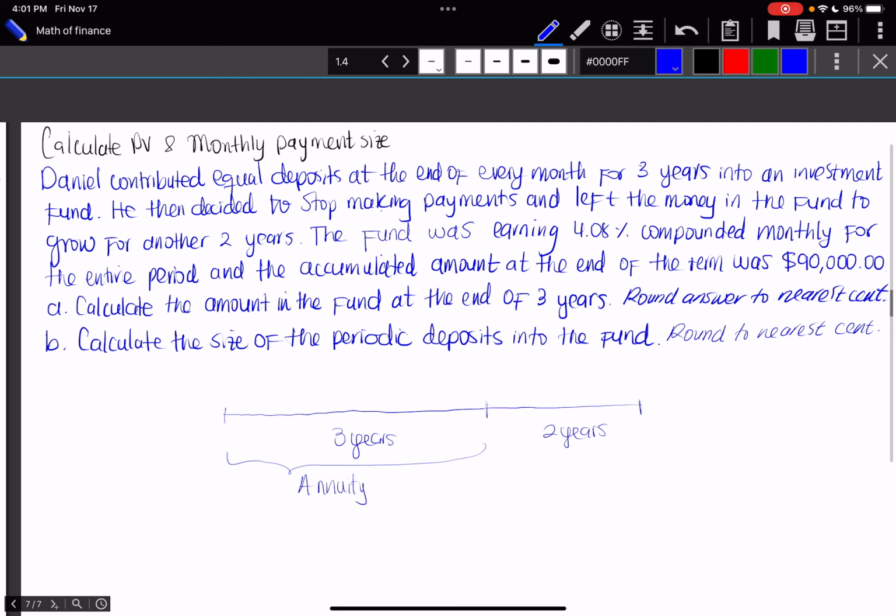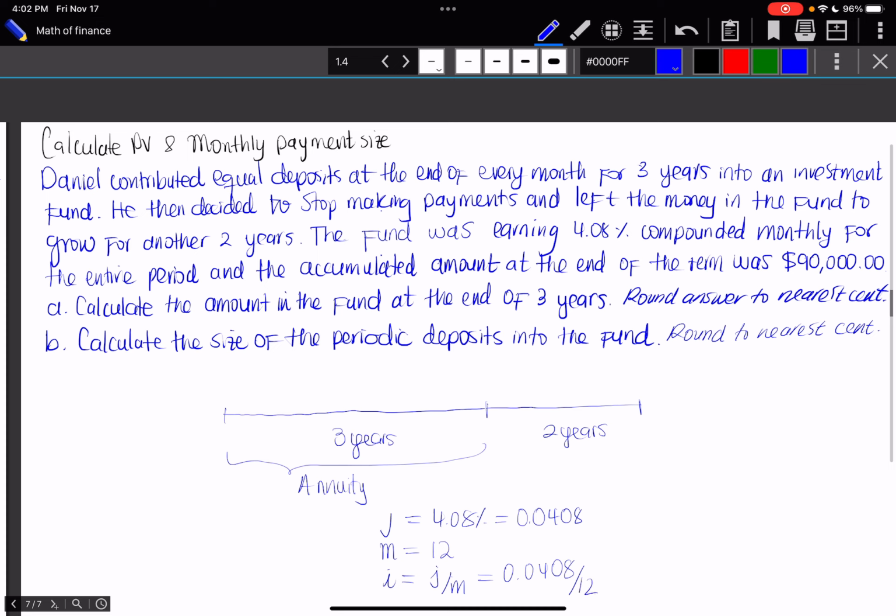Now, the interest rate is 4.08%, compounded monthly, or 0.0408. Interest is compounded monthly, so there are 12 compounding periods during a year. The periodic interest rate is j divided by m, so we divide 0.0408 by 12.